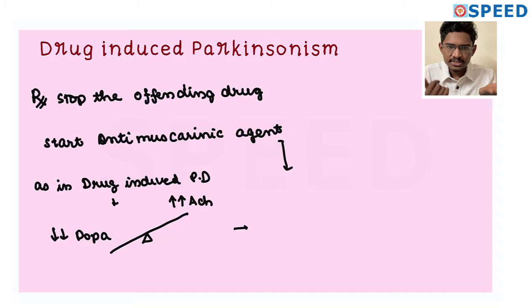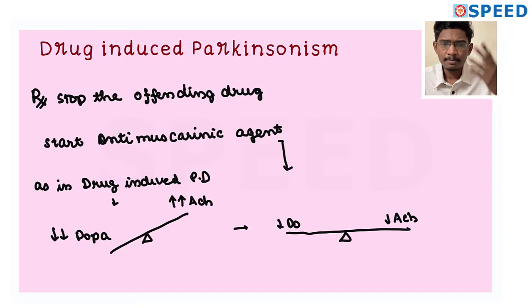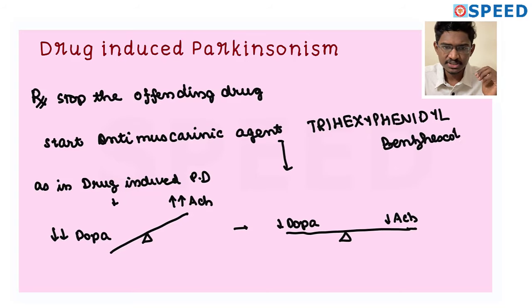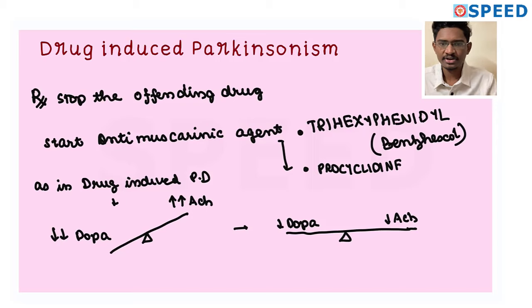Whenever dopamine decreases, acetylcholine should also decrease, or else this increased acetylcholine will contribute to resting tremors, lead pipe rigidity, all these features. So you suppress the acetylcholine activity for some time till your dopamine receptor blockade is stopped. You can give benzhexol, which is nothing but trihexyphenidyl, or other central anticholinergic agents, and you can also try cinnarizine. All those things you can try.